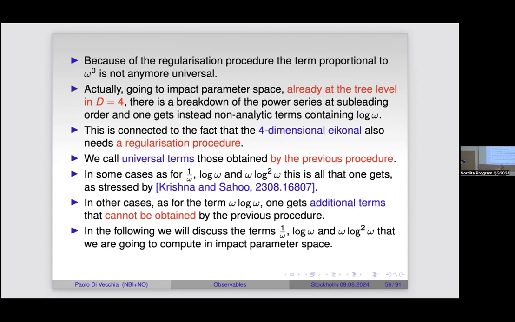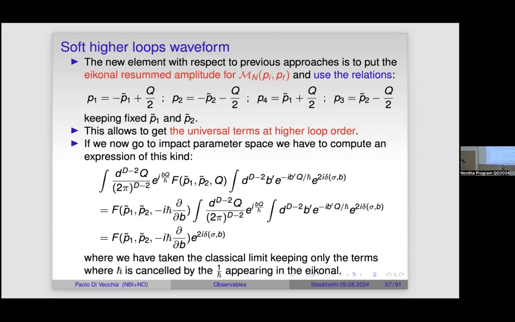So up to now, all these quantities have been computed at the tree level, at one loop, and using the eikonal exponentiation. The important point is that for the amplitude Mn, I put the eikonal resummed amplitude. If I put this, then I can have a prediction from the soft theorem for the waveform.